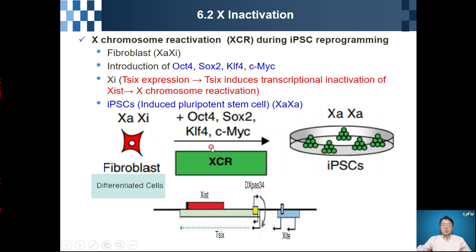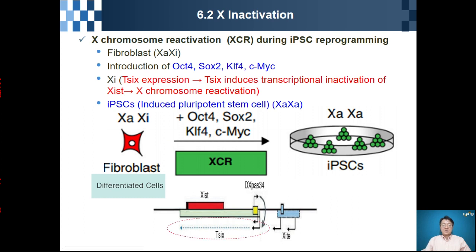We can introduce the Yamanaka transcription factors, which we call OCT4, SOX2, KLF4 and CMYC. After we introduce the transcription factor genes in the fibroblast, XCR happens, especially in the XI inactive X chromosome.